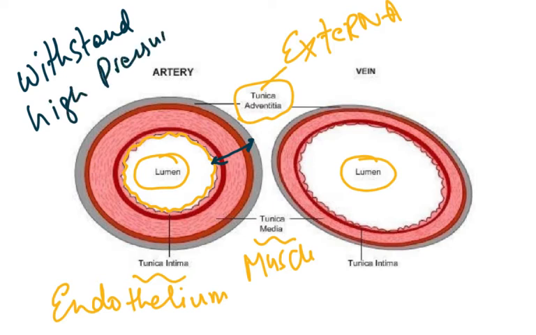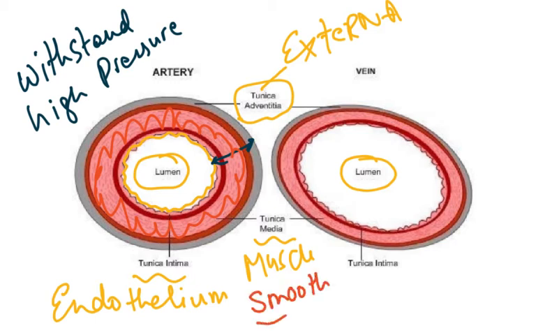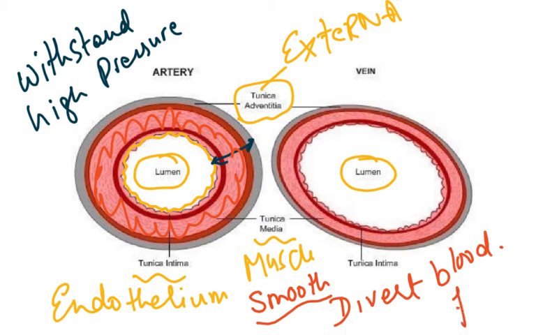Now other things that we have to talk about is the muscle layer, which is this layer here. The muscle layer has to contract and relax, and that of course is important because you have smooth muscle here. So the smooth muscle here is going to ensure that you can divert blood flow. So the fact that in the wall of the blood vessels you have muscles, they can divert blood flow.